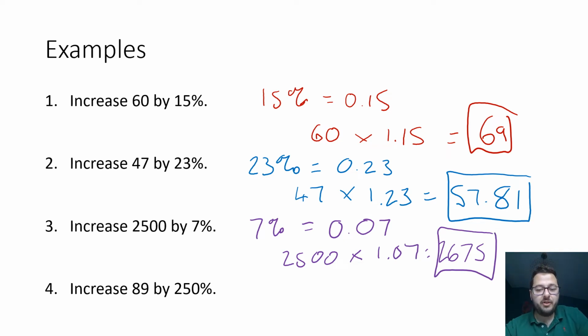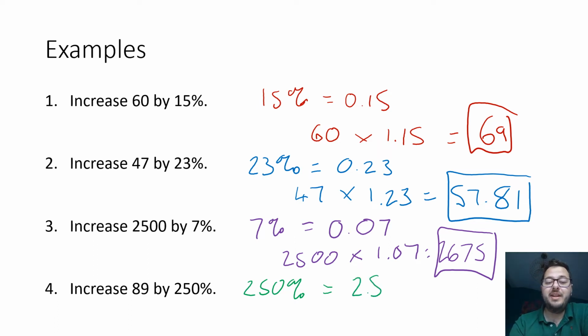Okay, and then the last one on this slide, we want to increase 89 by 250%. Again, you can use your calculator to do this. If you type 250% into your calculator and then press equals and SD, you'll get your decimal. This is because 100% is 1, 200% is 2, and 250% would be 2.5.